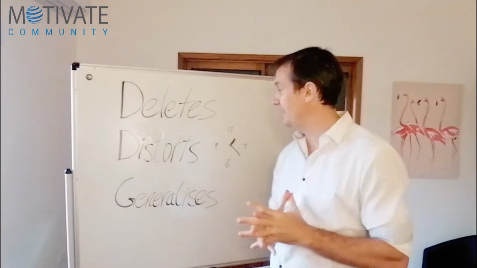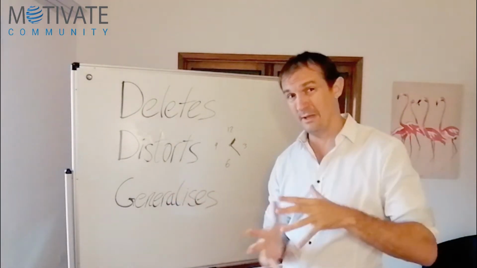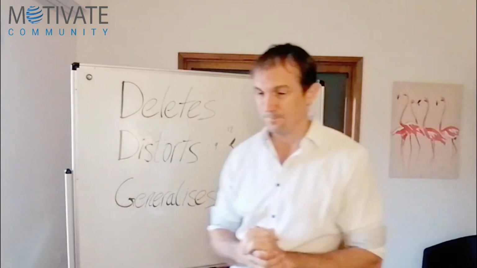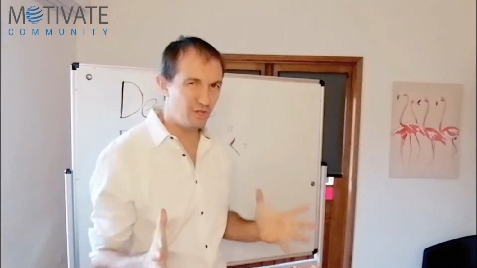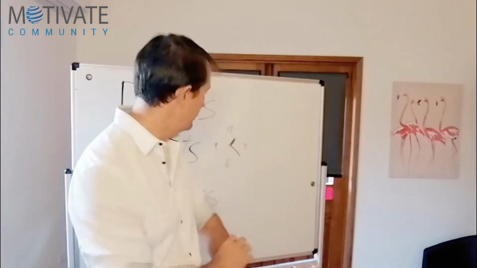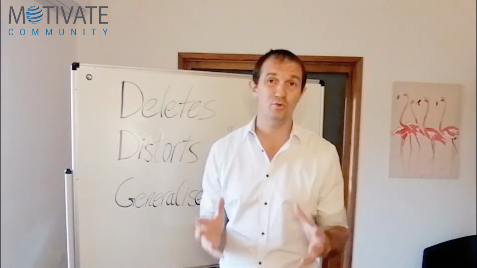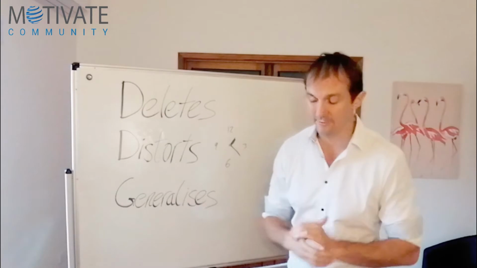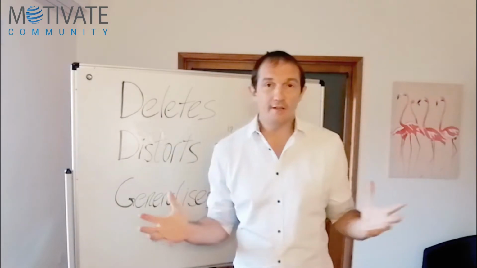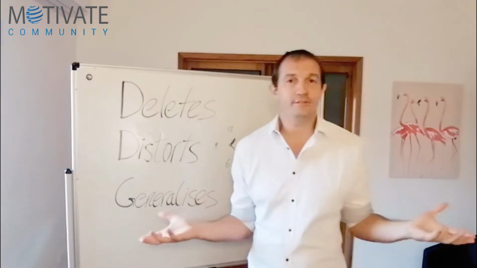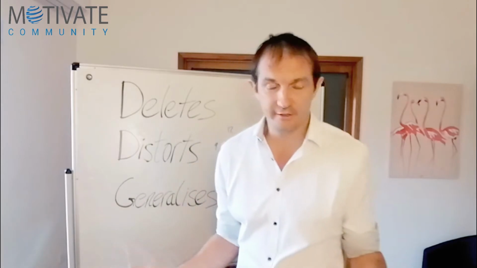Okay, and now the brain distorts information, and the brain generalizes information. But I'll give you a really quick and, I think, cool experience of this. This experience was so cool, I actually took a photograph of it. I live in Australia, and I've had a few snakes in the house over the years.